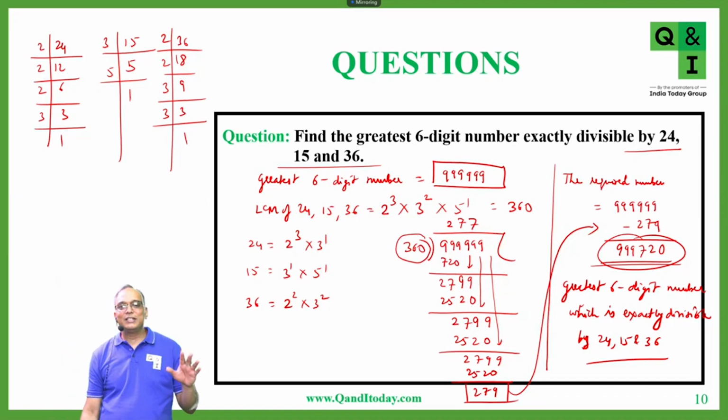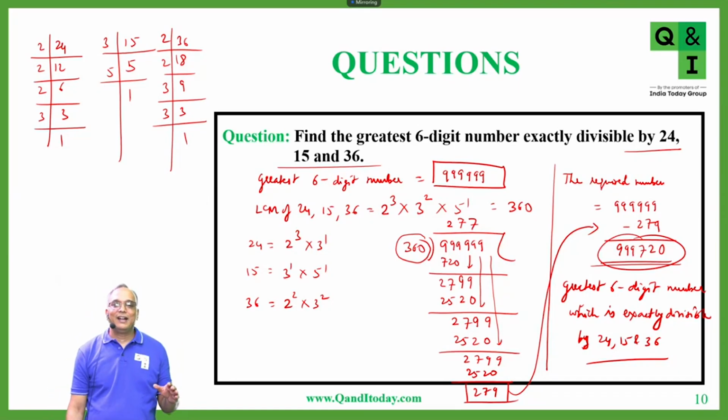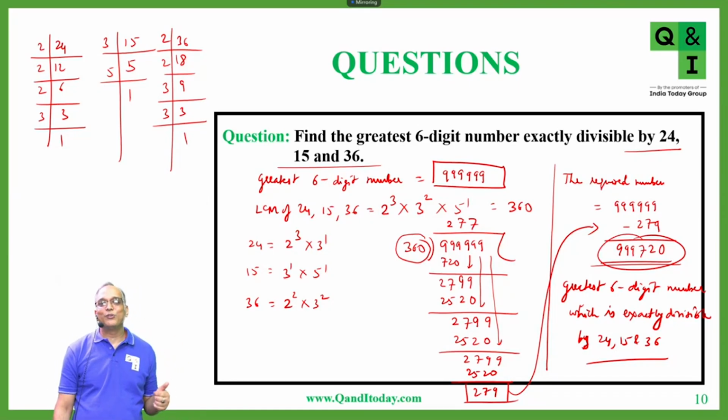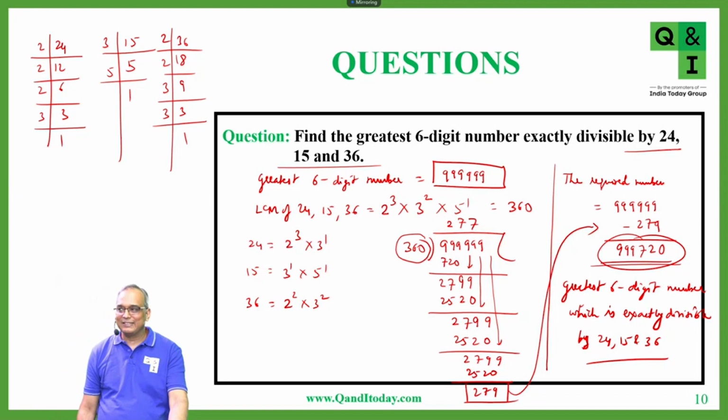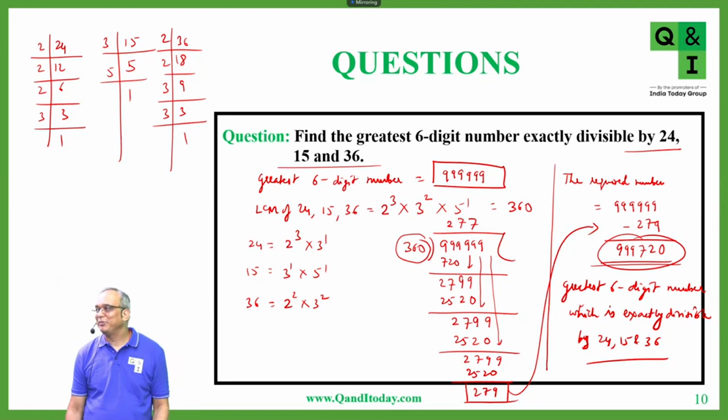How many students have kept a goal of scoring full on full in mathematics in class 10th? You can raise your hand. Only one, two. So we have 6 students, out of which only 2 are thinking of scoring 100.